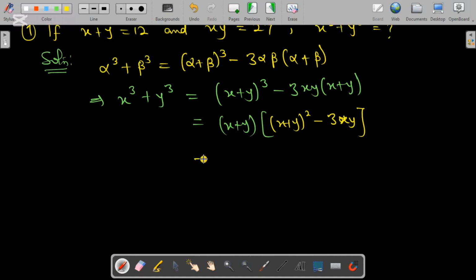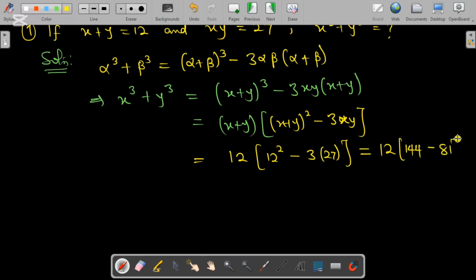Okay, so what do we do? x plus y is given as 12, so you substitute 12 into the bracket, x plus y is still 12, so 12 squared minus 3 times xy, which is 27. So you multiply by 27, and this is going to be 12 into 12 squared, which is 144, minus 3 times 27, which is 81.